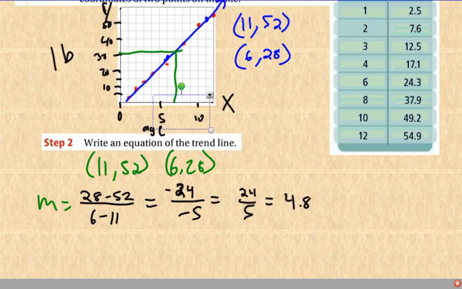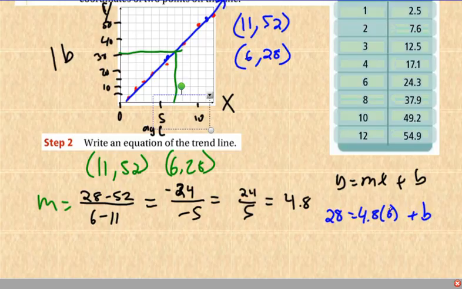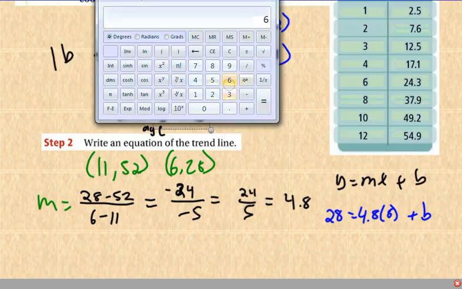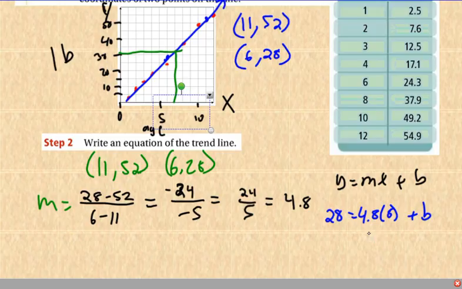So let's use our slope-intercept form, y equals mx plus b. Plug in 4.8 for the m. So we have 4.8 is right here. We'll use the smaller ones, we'll use 6 for x, and then the y would have to be 28. That's our ordered pair that we chose. Plus b. 6 times 4.8 is 28.8.